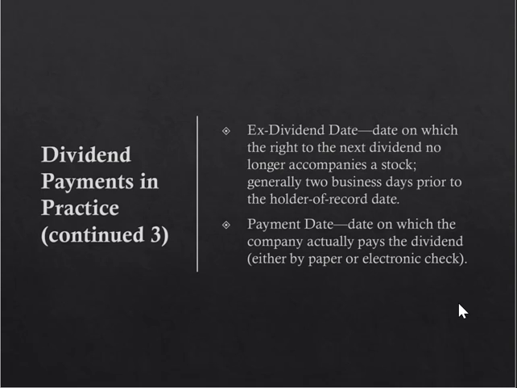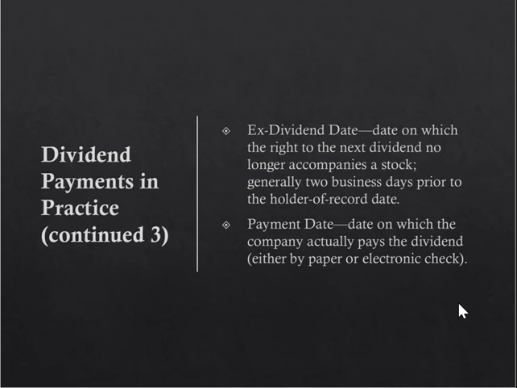So what ends up happening is the stock exchange says, if you hold this stock as of the 30th, 2 days prior to the 1st, we're going to assume that you get the dividend. After that date, if you buy it on the 31st, the stock trades ex-dividend, which means the person who sold the stock on the 31st gets the dividend, not the person that bought the stock on the 31st, even though the hold date is actually on the 1st of April.